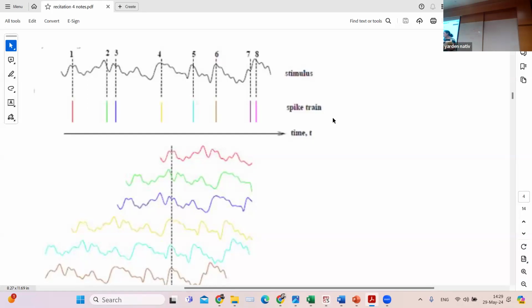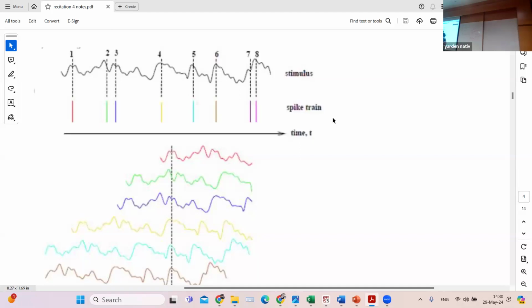Now in the auditory cortex, it's not on the visual field. It's between different frequencies. So let's say, for example, that I want to discover what is the preferred frequency for this neuron. So I just put an auditory stimulus with different possible ranges of tones and so on.